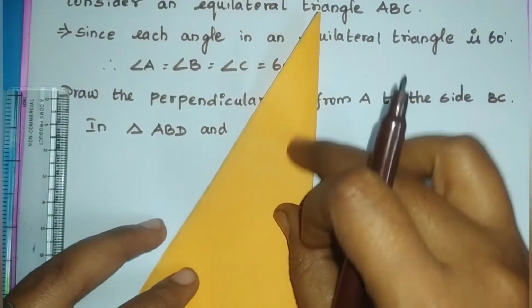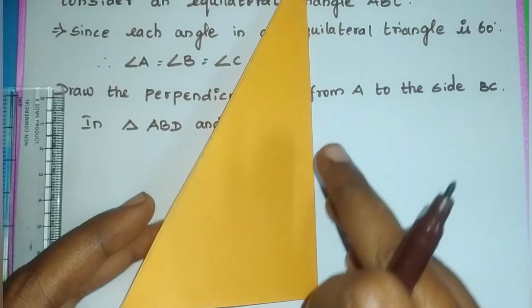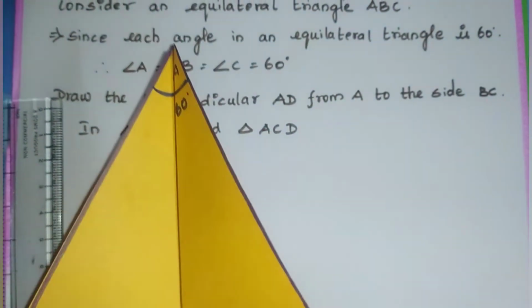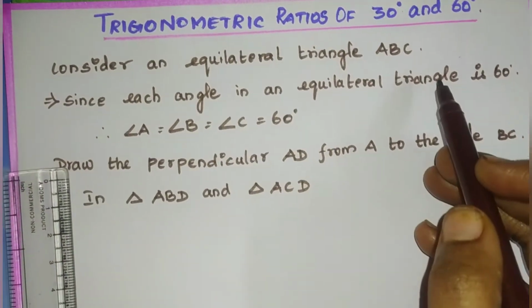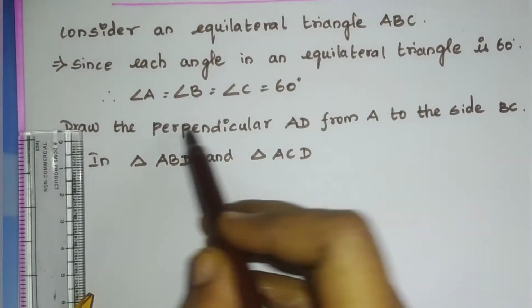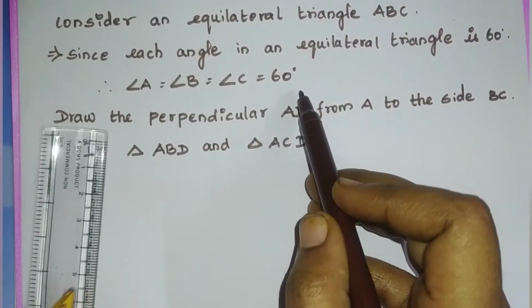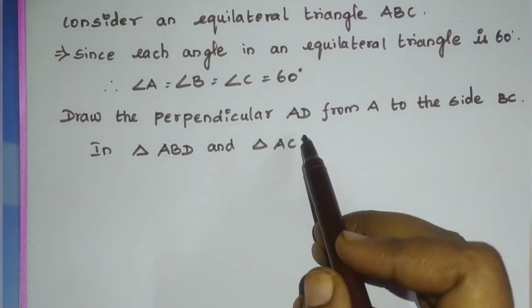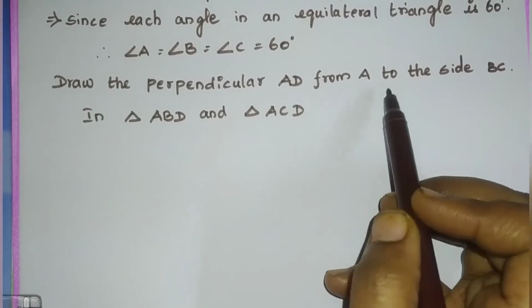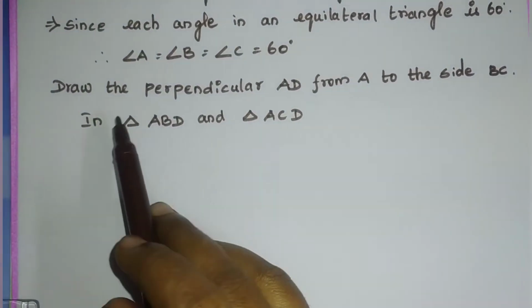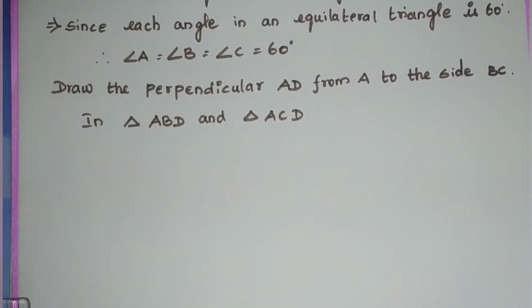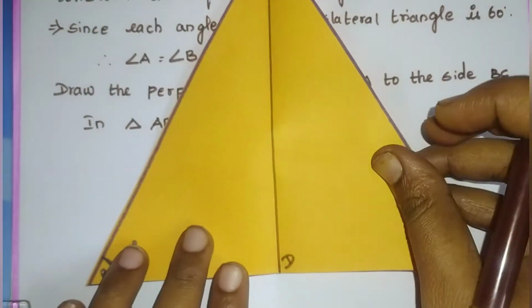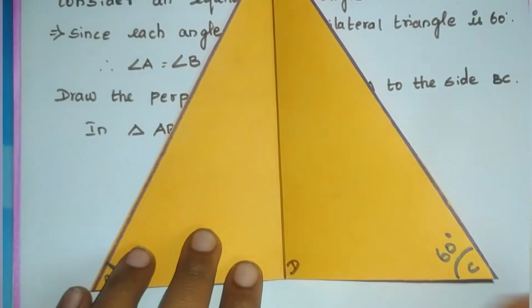We can prove that the two triangles are congruent. That first I am going to prove. So first consider an equilateral triangle. Since it is an equilateral triangle, all the angles will be 60 degree. Draw the perpendicular line AD from A to the side BC. How can we tell that the two triangles are congruent?